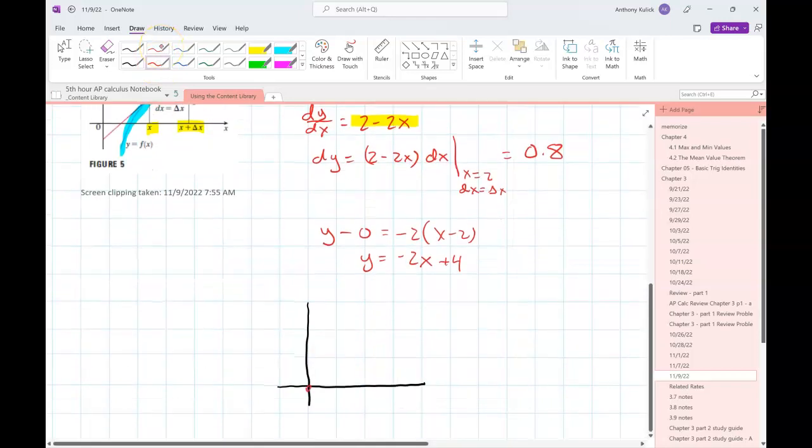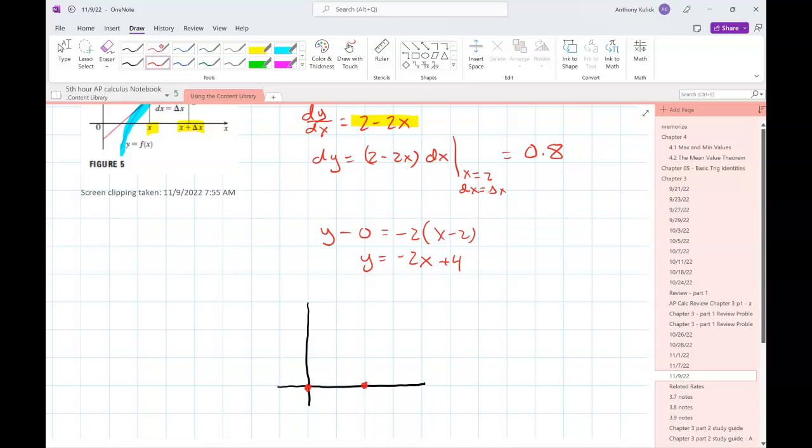So I have 0, 0, 2, 0, and 1, 1 as the vertex. So that's my f of x there. And then the tangent line is at the point when x equals 2, so I know that's a point on my tangent line.